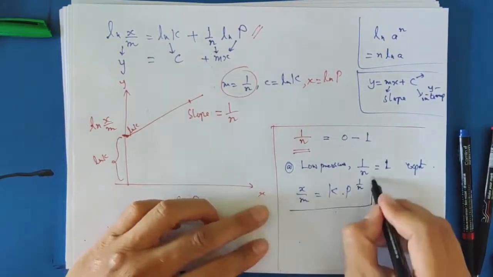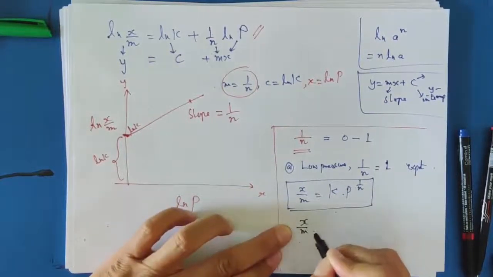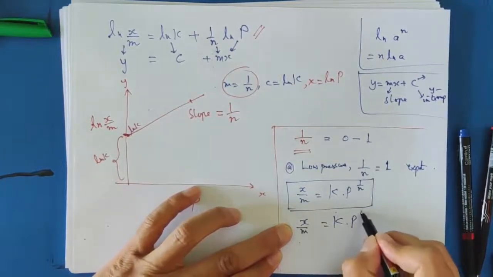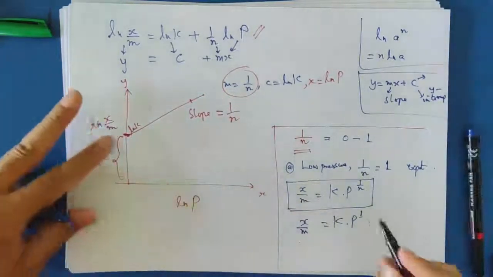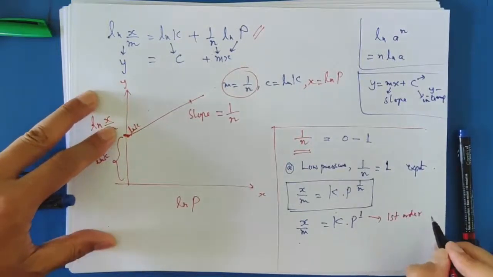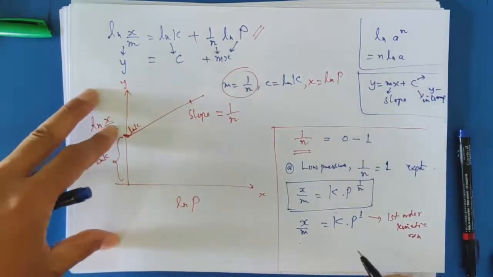We have this. x by m equals k into p to the power 1. That means this is first order kinetics. Yes, first order kinetic reactions.